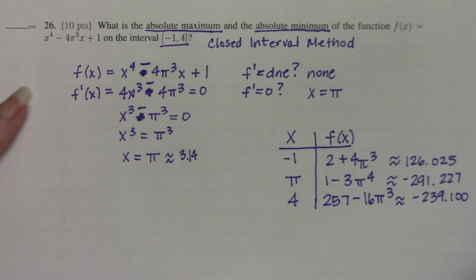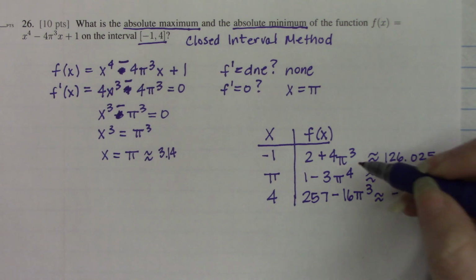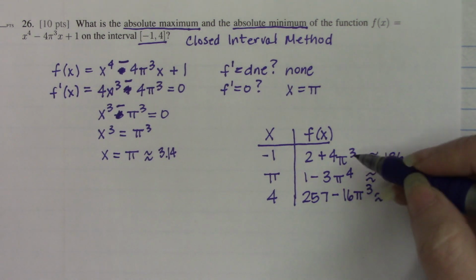Now, the reason that I wanted to show you these numbers before I continue is because this is pretty tricky, and this would be hard for somebody without a calculator, right?